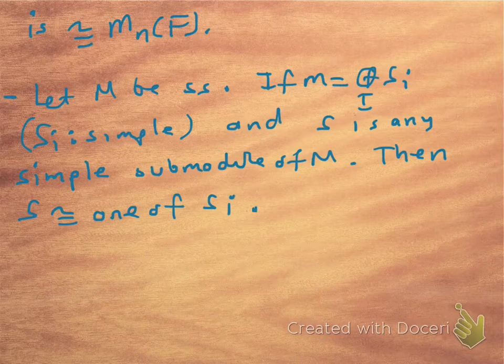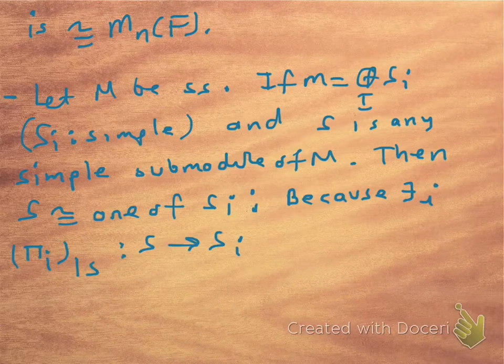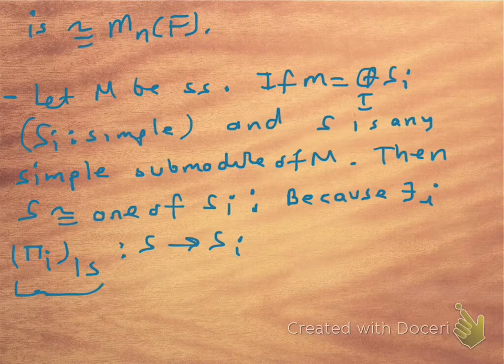How this happens is simple, because one of the canonical projections from the direct sum of Si's onto the individual Sj's, when restricted to our module S, must be non-zero. Once it's non-zero, then by the simplicity of S and Sj, it must be an isomorphism.